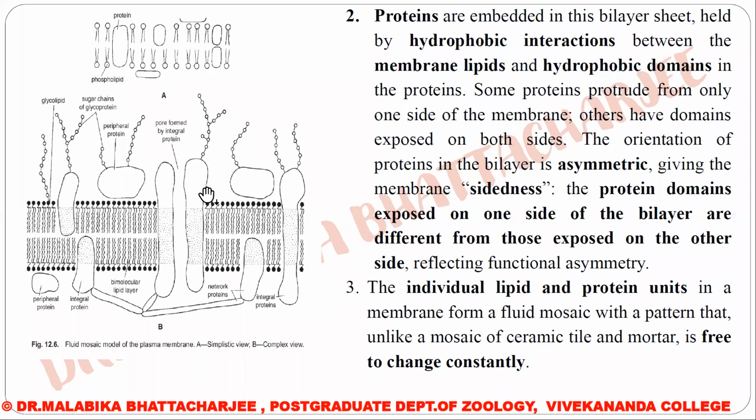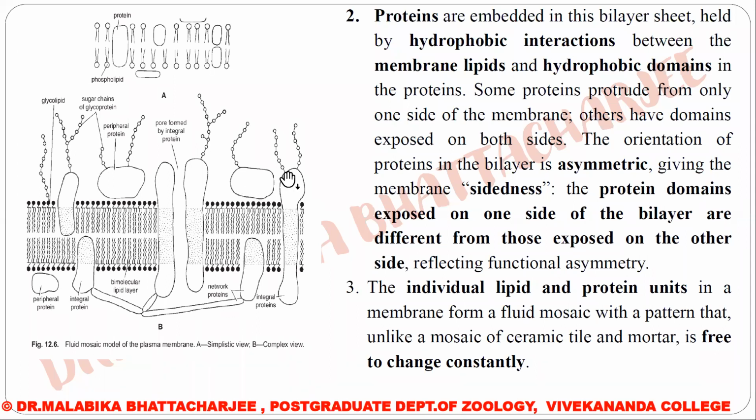The protein has three domains: a hydrophilic domain, a hydrophobic domain, and again a hydrophilic domain. The proteins are embedded in this bilayer by hydrophobic interaction between the membrane lipids and the hydrophobic domains of the protein. Some proteins protrude out from one side of the membrane, or sometimes from both sides, but that gives an asymmetry.